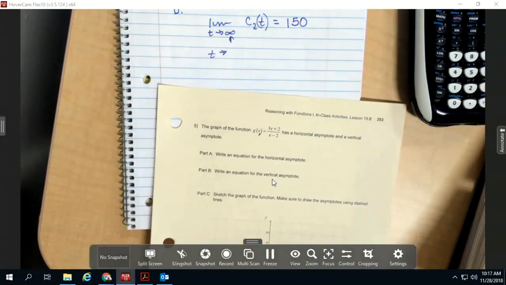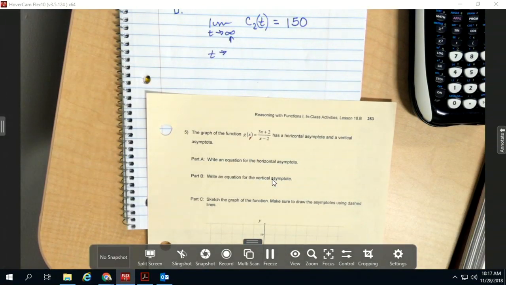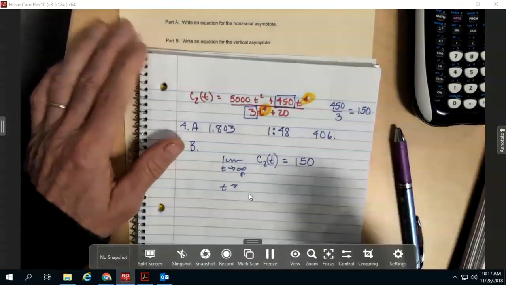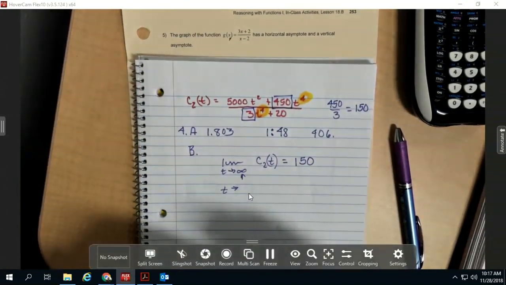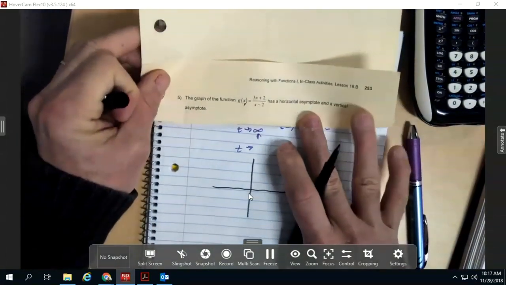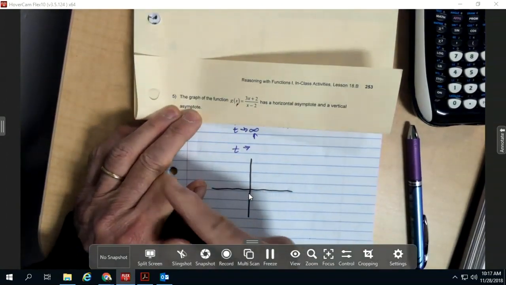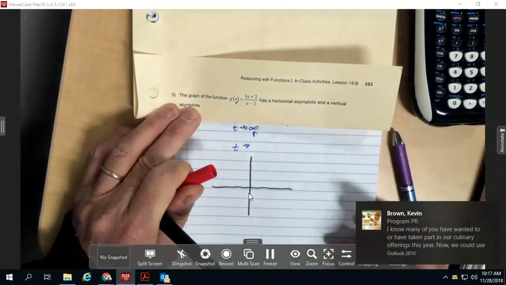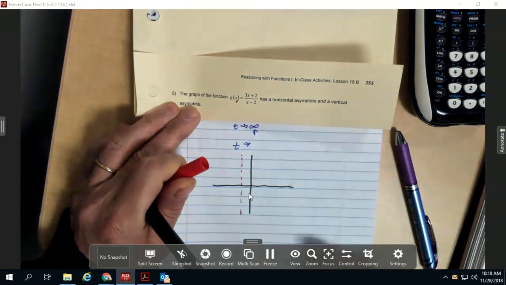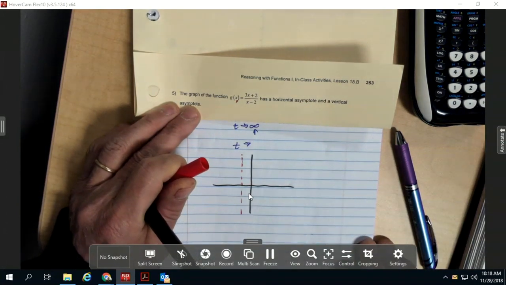Page 253. The graph. Let's sketch the graph. What's the address of the vertical asymptote?